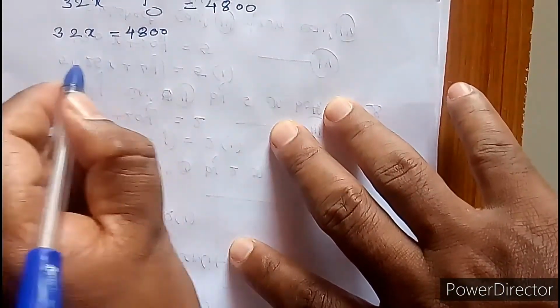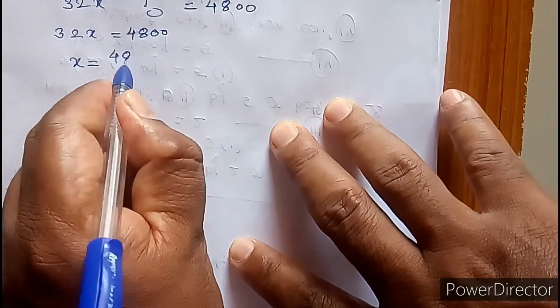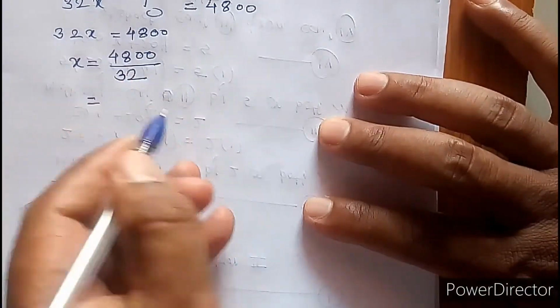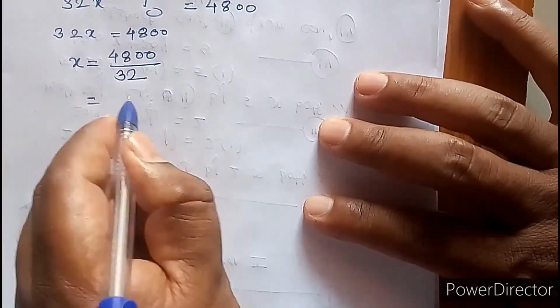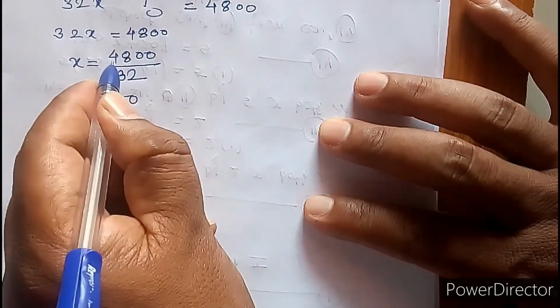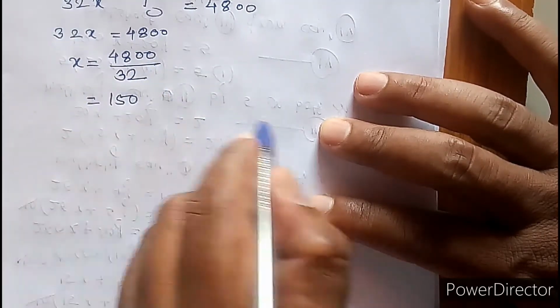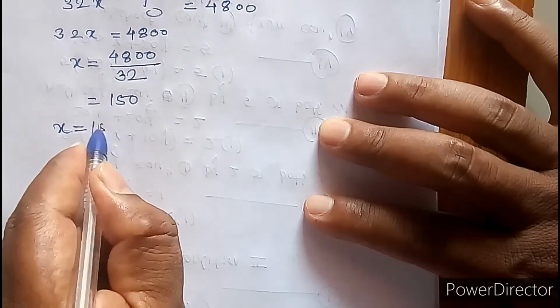Now we get 32x equals 4,800. Therefore x will become 4,800 divided by 32. On simple division, the value of x we get is 150, that is 4,800 divided by 32, the value is 150. We get x equals 150.